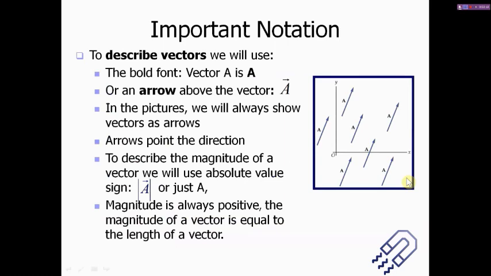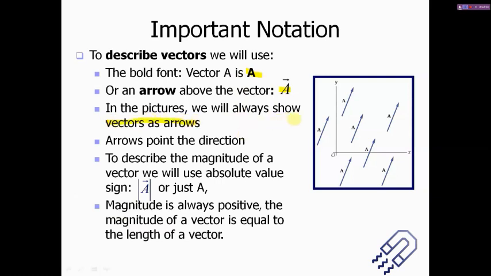Okay, so this thing we already discussed yesterday, that whenever you are checking your book, you'll basically have two kinds of symbols. One is a bold font for vectors, and the other is usually an arrow in case of vectors. Mostly the books are using this bold A. We will always show vectors as arrows.